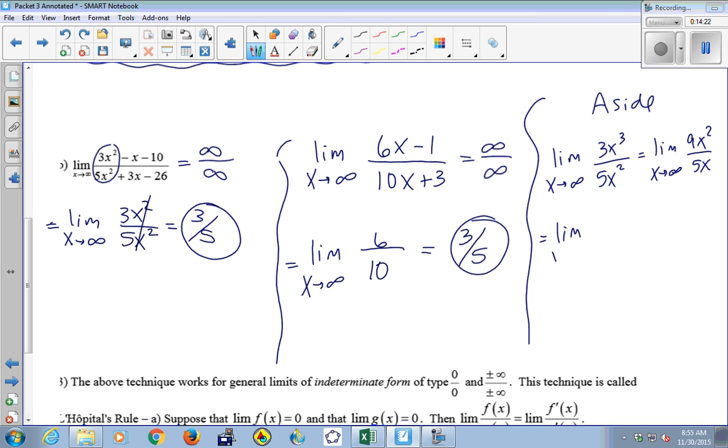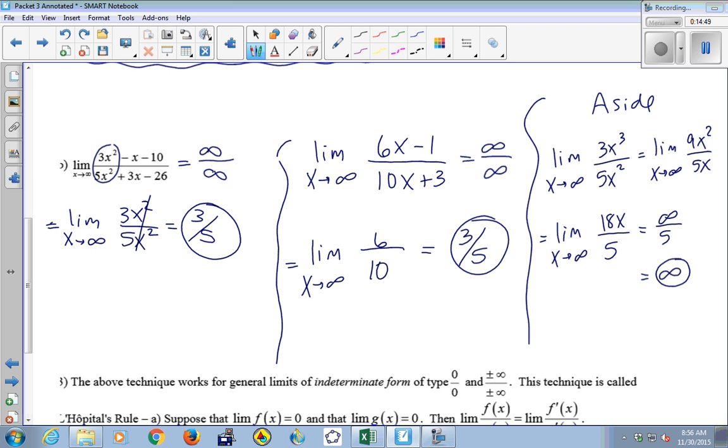Do it again because that still comes out to infinity over infinity. So you get 18x over 5. Now you get infinity over 5, right? What's infinity divided by 5? Infinity, yeah. So in this case, your limit is infinite. The end behavior of that rational function, it goes up to infinity.